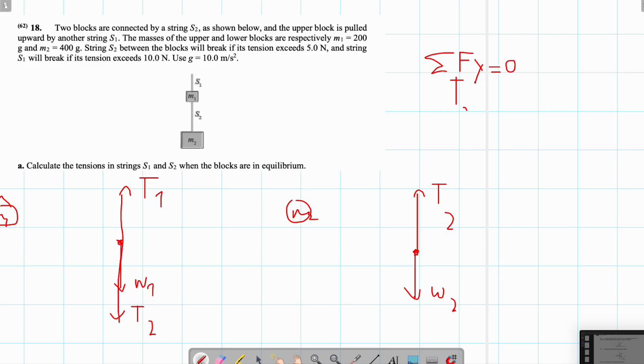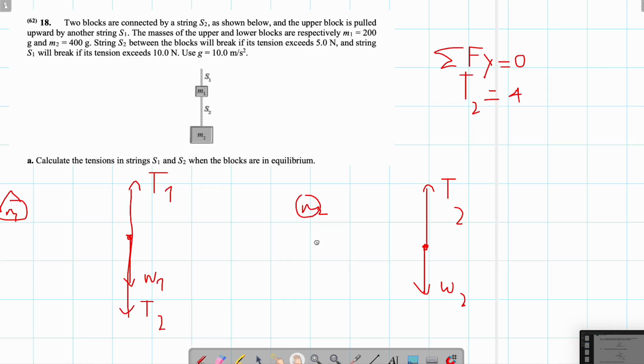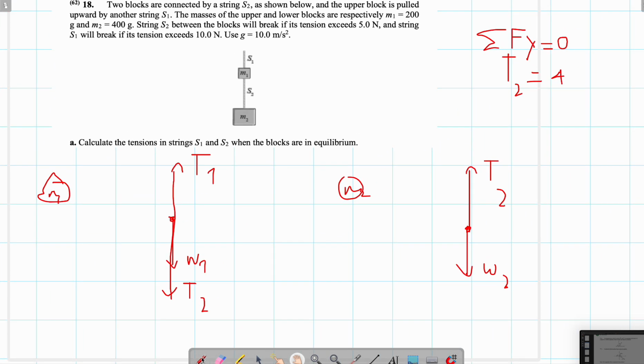T2 is equal to W2, so 0.4 times 10, which is 4, so T2 is 4. We're done. And then again sigma Fy equals 0. T1 is equal to T2, which is 4, plus W1, which is 0.2 times 10, which is 2, which is 6 newtons.